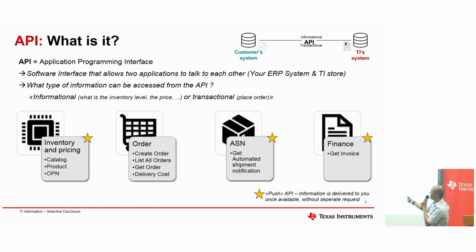With API, you'll be able to check real-time inventory and pricing. You'll be able to create orders or even automated orders, so you do not have to go to TI.com to add the devices manually. You can just type in a list of all the devices you want and create an order. And you can also get automated shipment notifications and also the invoices.